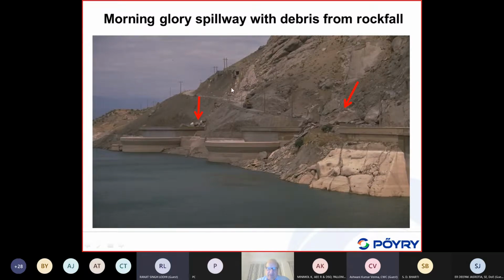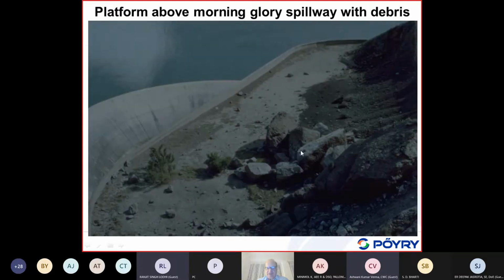There were some smaller stones which jumped over that and fell into this spillway, which was not really a problem. But the big boulders were kept here just by this platform above the intake of this Morning Glory spillway. So we see how it looks. This is the platform above this Morning Glory spillway.